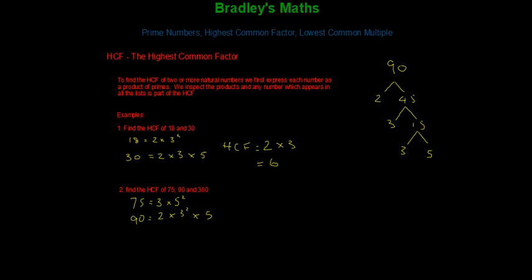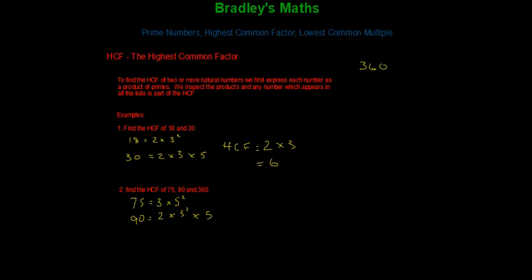Okay, and 360 feels like a big number, doesn't it? But 360 will come down fairly quickly. And I'm going to do this the other way that I showed you, for no reason whatsoever.